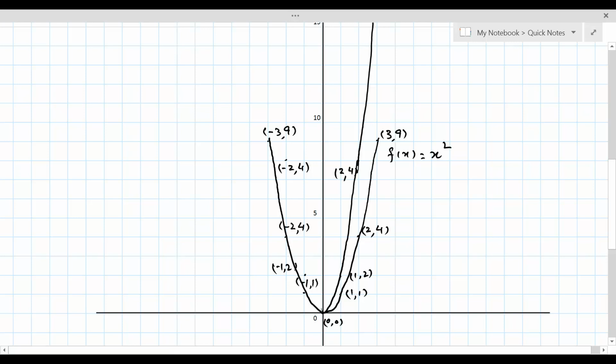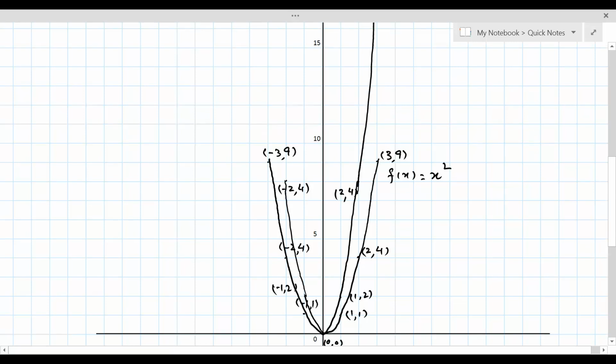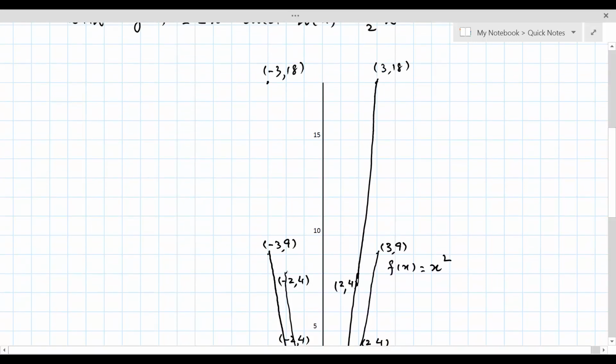And now we will continue it on the negative side here, and this way it will now pass from minus 2, 4, and from minus 2, 4 onward it keeps going to meet the point minus 3, 18.